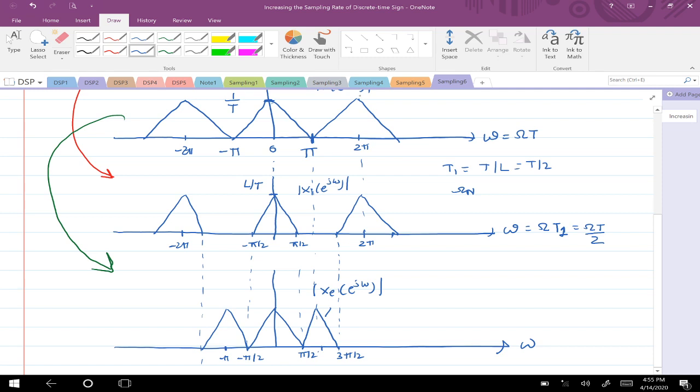And this another peak was there at 2 pi, now that has come to pi here, right? And this is minus pi, this is minus 3 pi by 2, right? So similarly, okay, then what is this?